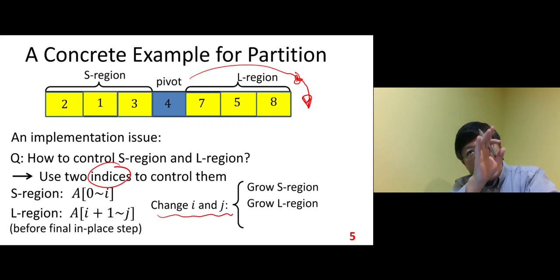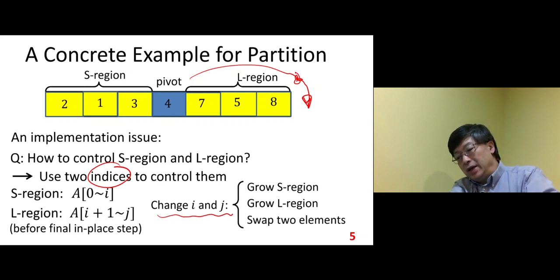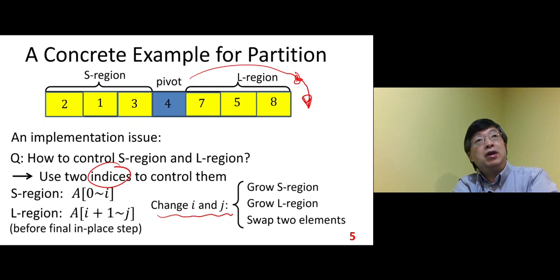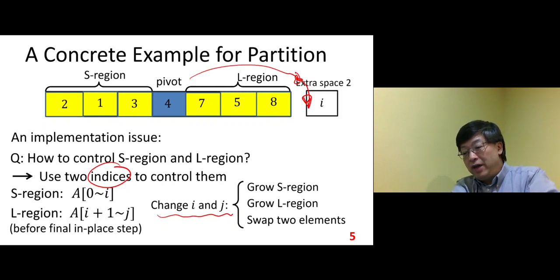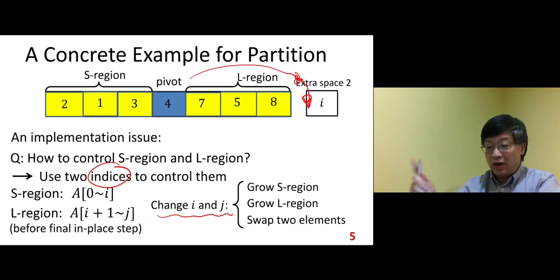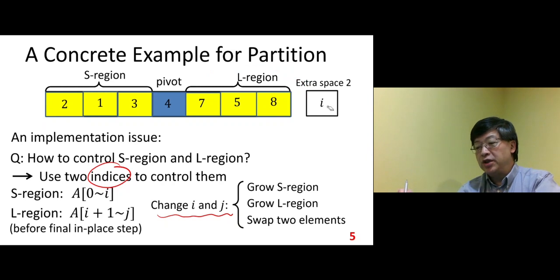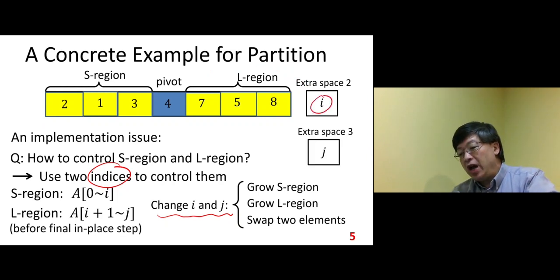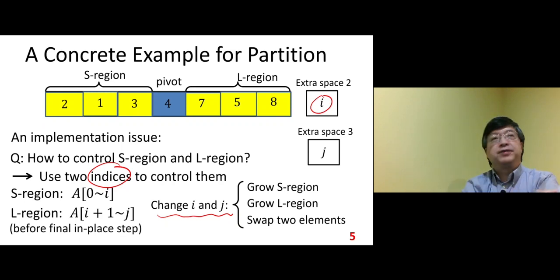But that kind of detail we can fix easily in our program. When you swap two elements, that's also an easy step in our program. After that, you can see the extra space we need: extra space number 2, we use it for index I. For index J, we need another extra space.